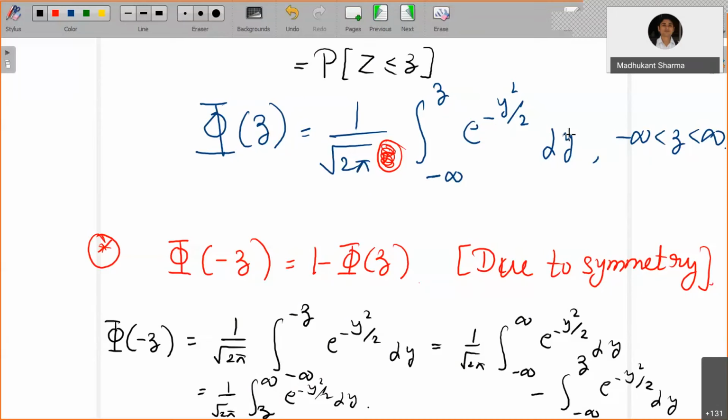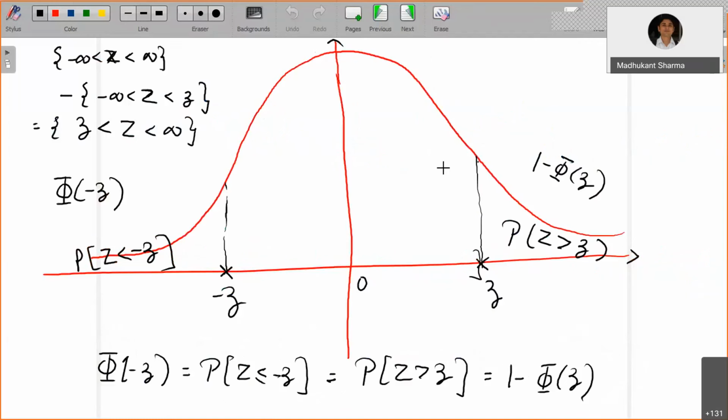The nice property attached to the standard normal variable is that if you plot the probability density function, the curve is symmetric about the mean, and the mean is 0. So it is symmetric about the y-axis, that is, x equals 0.